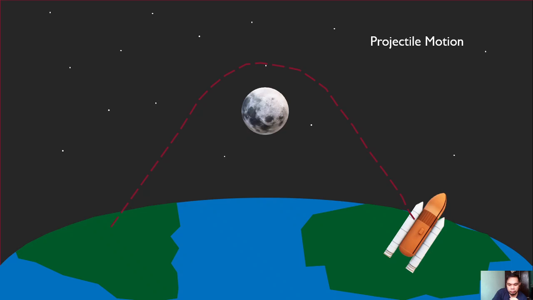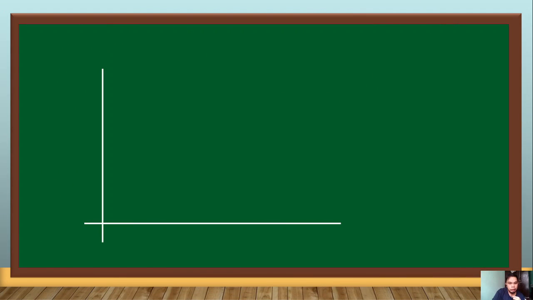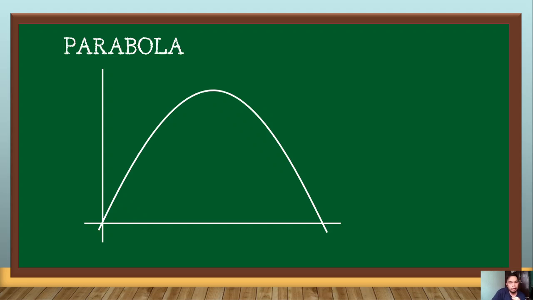Now, from the three set of pictures, we can say that they have something in common, which is a curved path or a curved line. Because in algebra, this curved line that we observe, we call it parabola. And parabola is the graph of quadratic equations.